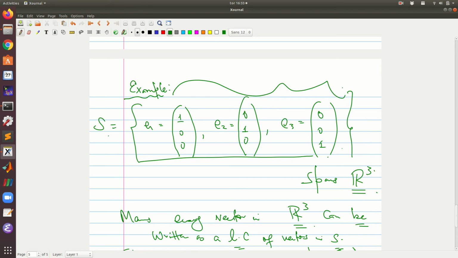Later on we shall see that these vectors form what we call the basis. We shall explain the basis later. In fact, these are the unit vectors in R3. So that is the meaning of a span.